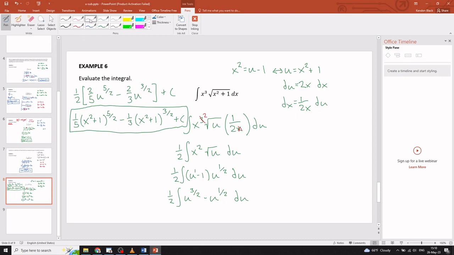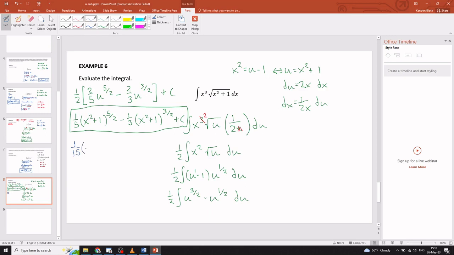So we have some common factors here, right? We have a GCF. We got a 1/5 and a 1/3, and then we have an x squared plus 1 to the 5/2 and an x squared plus 1 to the 3/2. So the GCF between 1/5 and 1/3 is 1/15. So we can factor out a 1/15, and we have x squared plus 1 to the 5/2 and x squared plus 1 to the 3/2.